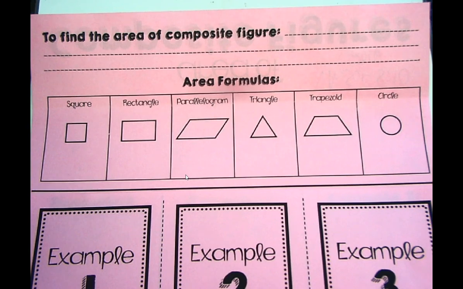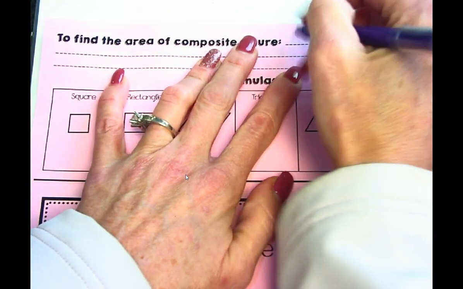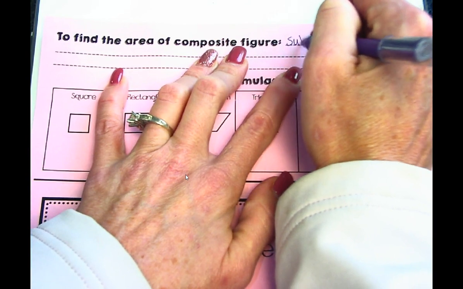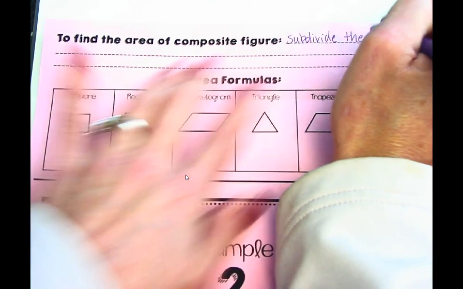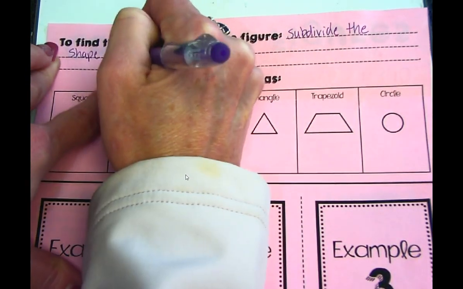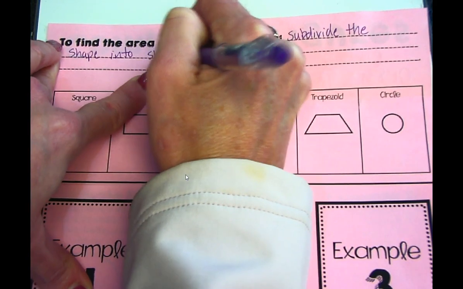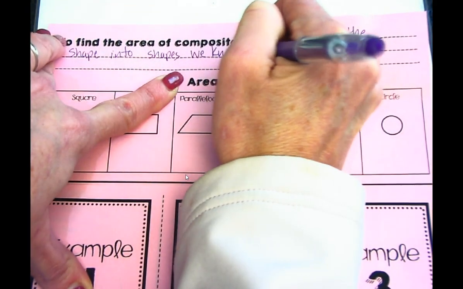Okay? So to find the area of a composite figure, we subdivide the shape into shapes we know, or known shapes.